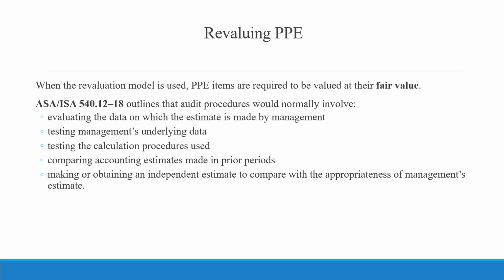Otherwise, they could also rely on the third-party independent valuers' valuation of the items, right? So this is about the fair value models and how the auditors deal with that.